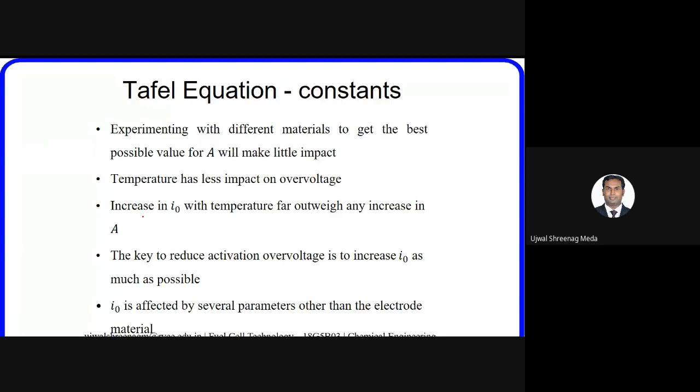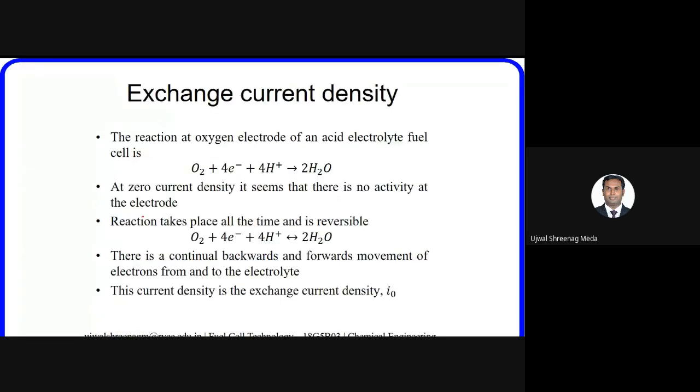I naught is affected by several parameters other than the electrode. So now let's try to get a better understanding of this I naught. Look at the reactions that take place at the electrodes.